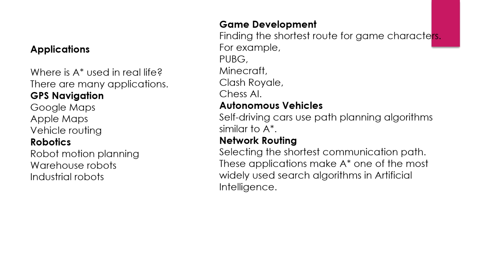Next, we use the A-star algorithm in robotics. It is widely used in robotics for path planning. Consider a warehouse robot that needs to move from one storage rack to another. The robot must avoid obstacles such as shelves, workers, and other robots.